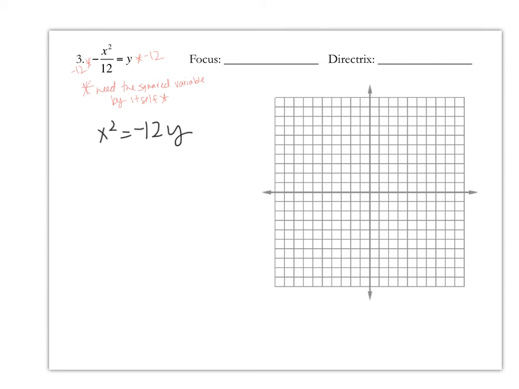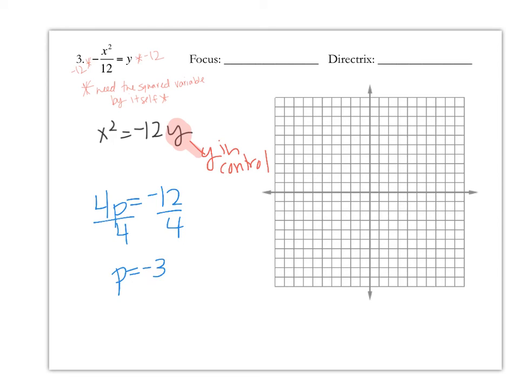So now if I look and see, I know that y is in control here. And I know I can find what p is by doing 4p equals -12 and dividing by 4. I get p is equal to -3, and this is the first one we've seen with -3.